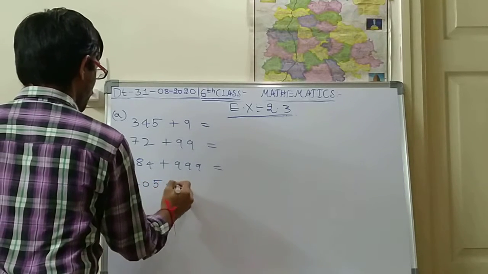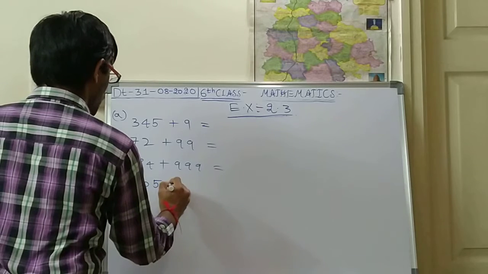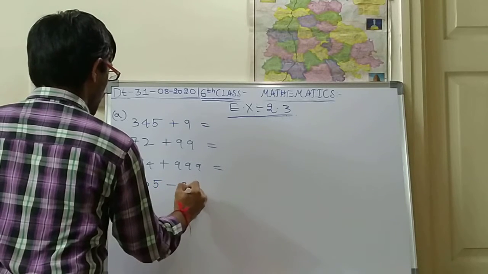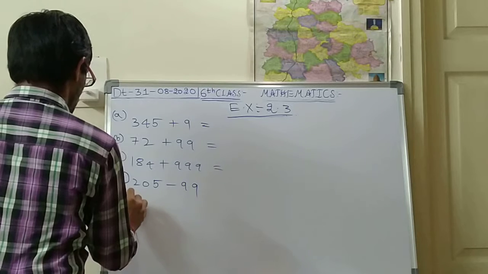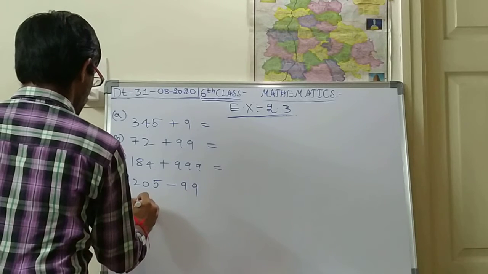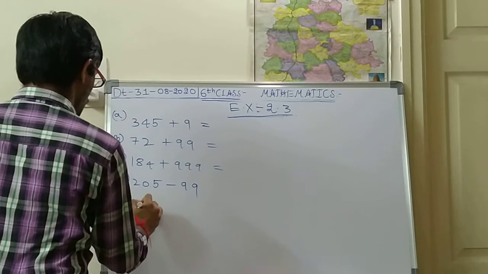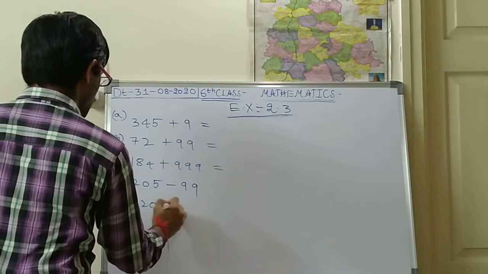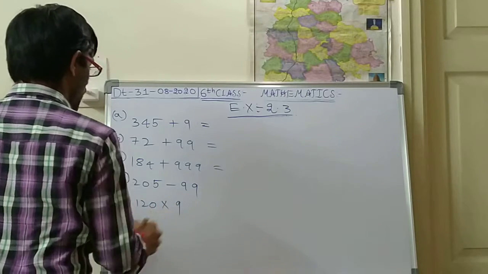Next E: 205 minus 99. Next F: 120 into 9.